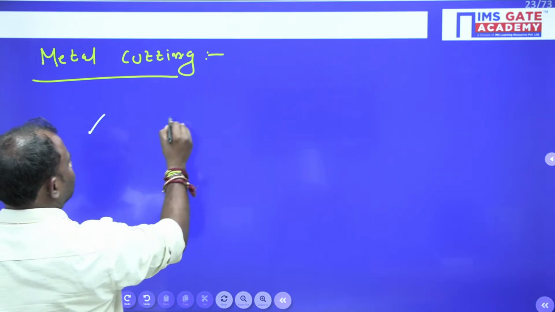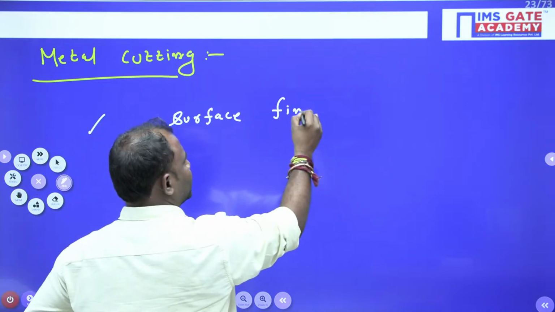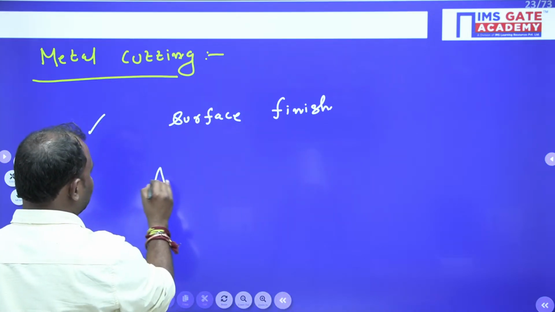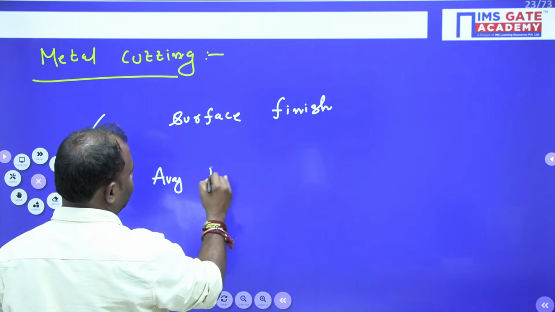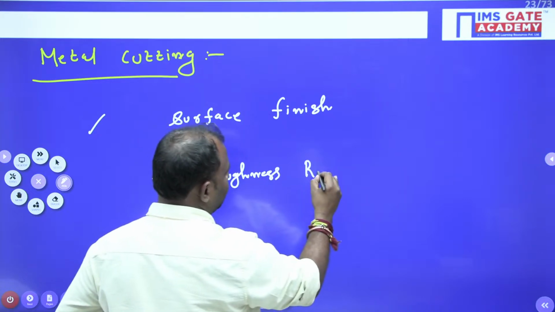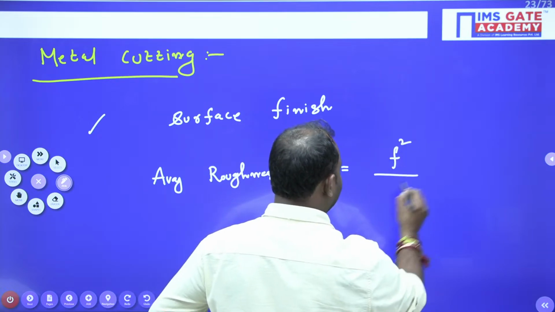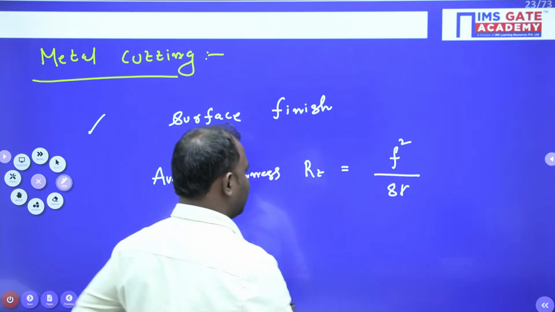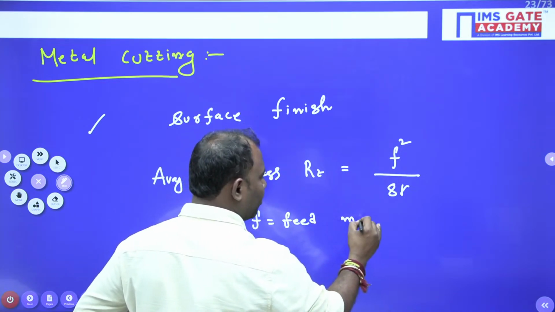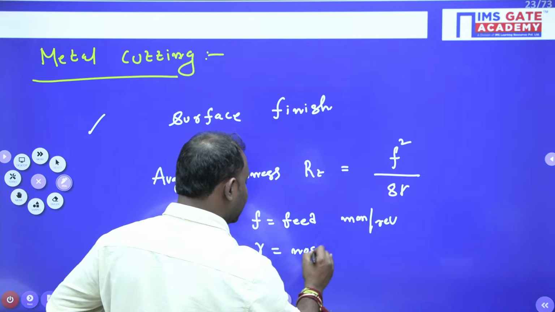So average roughness Rt is equal to F square by 8R, where F is the feed in mm per revolution, and R is the nose radius.